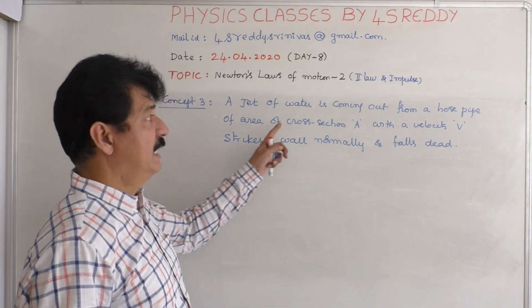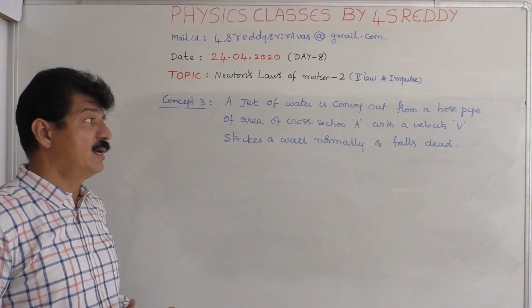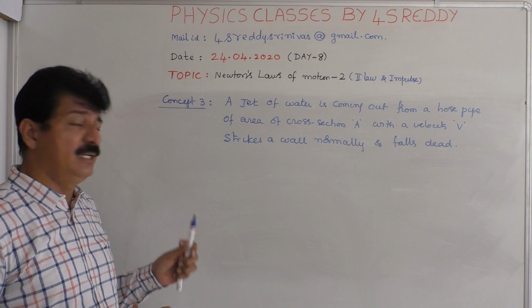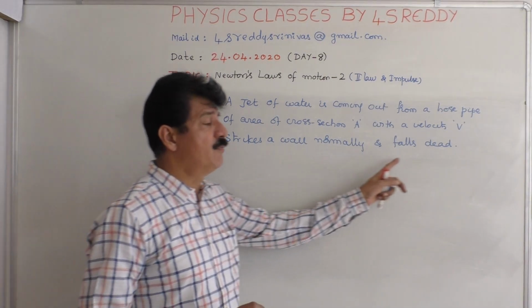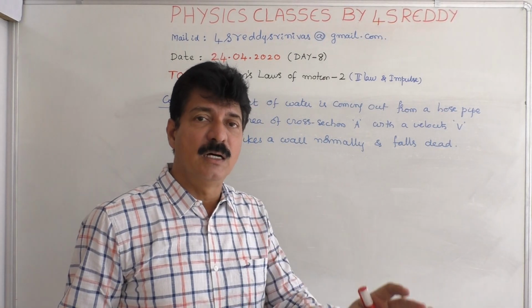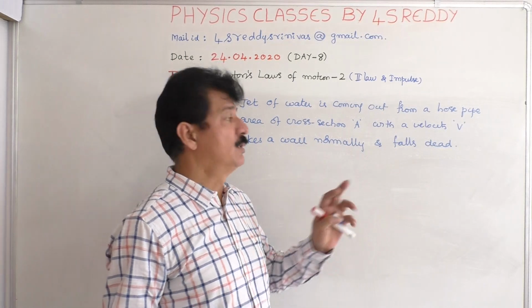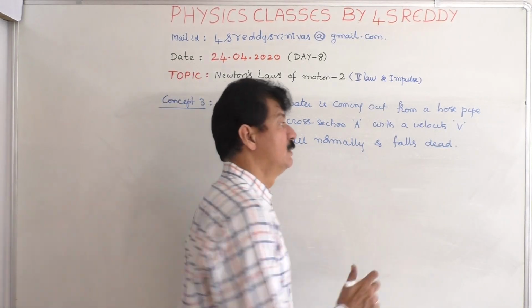Falls dead means after striking the wall, the water slides down. That means the final velocity becomes 0. That is the point we should remember.